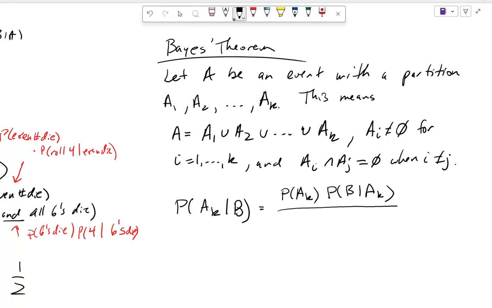This is why I don't do the theorem, because I always mess it up when I write it down. It's over probability of B. I hate when I mess this up. Sorry.